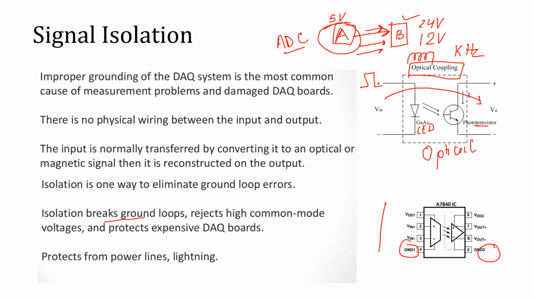We will discuss later what the advantages of keeping the grounds different are, and there are sometimes cases when we need to combine the ground. So when we discuss grounding techniques, we will discuss this phenomenon, that is when it is better to have different grounds and when it is good to have a common ground signal between A and B.